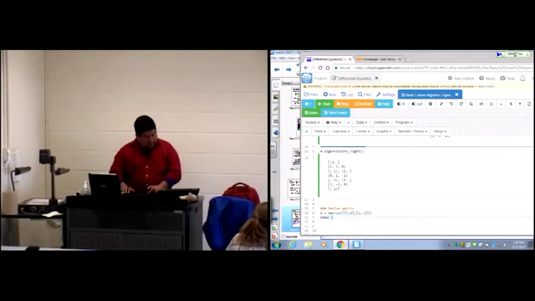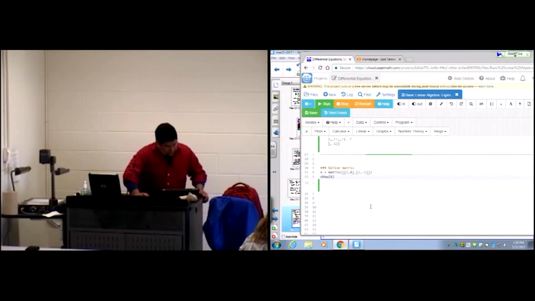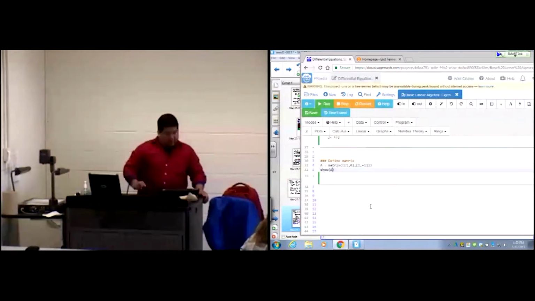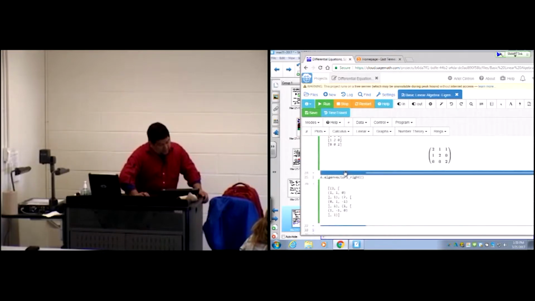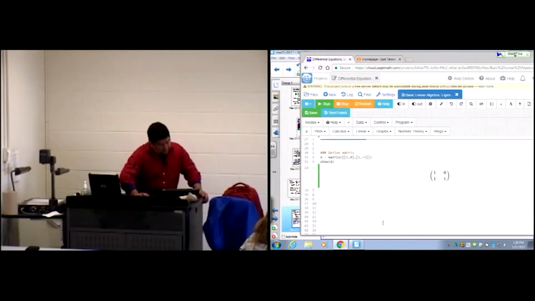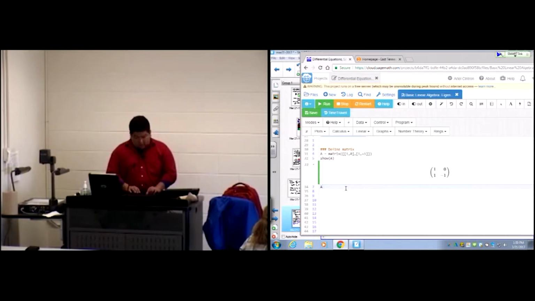So I'm going to use the eigenvectors command for that matrix A. We have eigenvalue 1 with eigenvector with entries 1, 1/2.